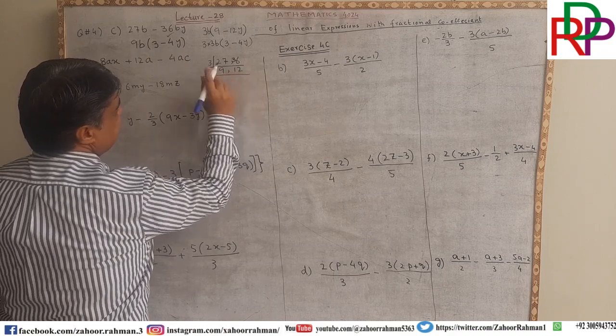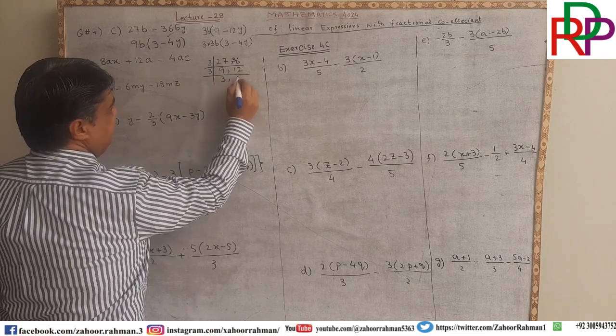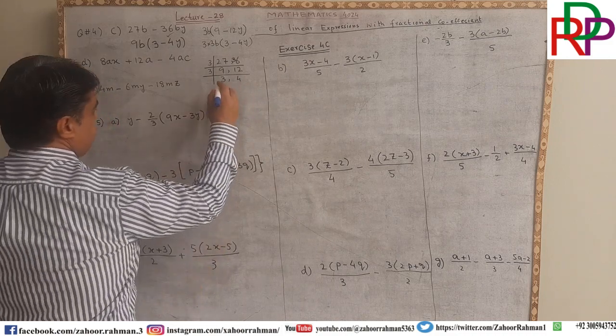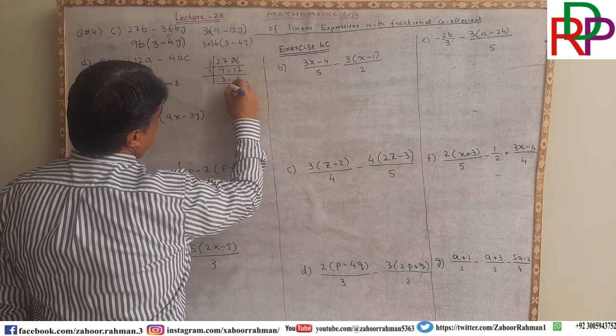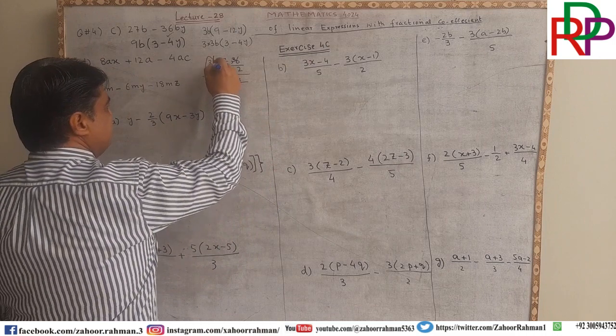Again it can be done by 3 threes are 9 and 3 fours are 12. Whenever you reach this point, then stop division, and that will be the answer.